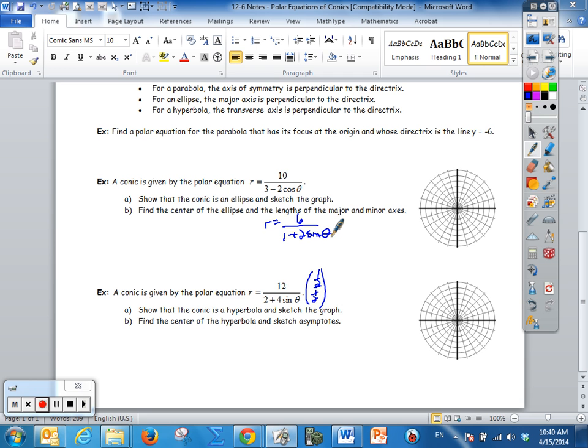To find our eccentricity, we can read it right off of the equation. The eccentricity is 2. It's this spot right there. And being 2, which is greater than 1, therefore we just proved that it's a hyperbola.